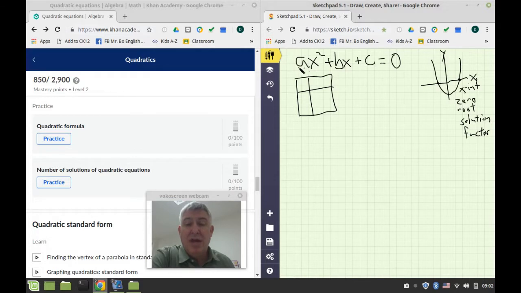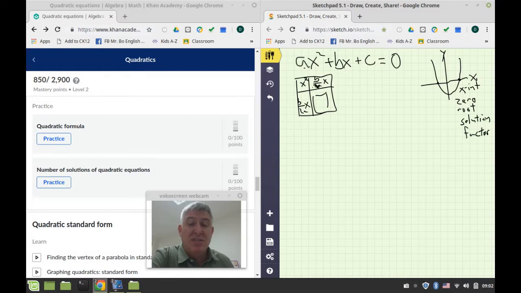We either pulled a out and then solved here, or we could divide by a and go that way, and we ended up with something that looked like x squared plus b over 2a x and b over 2a x, and then we needed something to complete the square there. And we can do that to solve the problem, and we've learned how to do that.